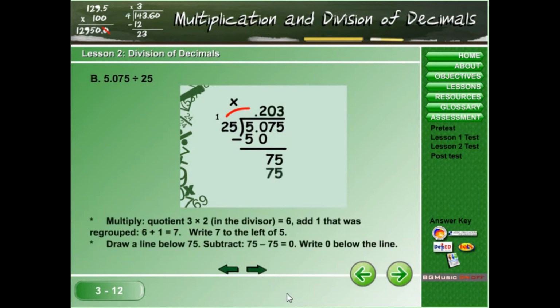Multiply. Quotient 3 times 2 in the divisor equals 6. Add 1 that was regrouped. 6 plus 1 equals 7. Write 7 to the left of 5. Draw a line below 75. Subtract 75 minus 75 equals 0. Write 0 below the line.